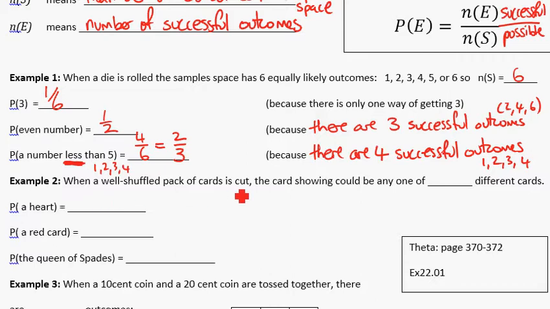Right, onto a pack of cards. There are actually 52 cards. I hope you know about cards. There are 4 suits. We have diamonds, hearts, clubs, and spades. Each suit runs from 2 to 10.